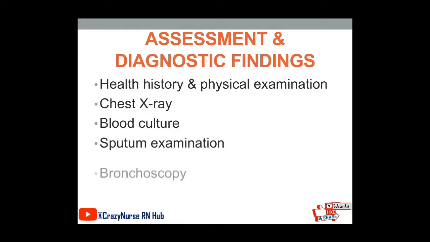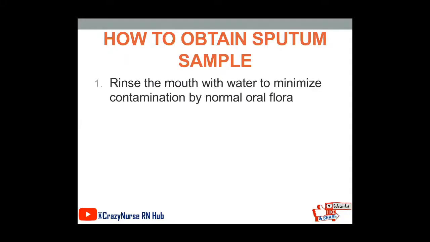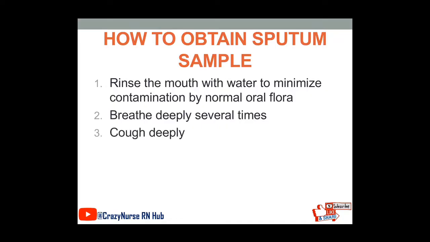Sputum examination, bronchoscopy. So now let's discuss the procedures on how to obtain sputum sample. First, we have to rinse the mouth with water to minimize contamination by normal oral flora. Breathe deeply several times. Cough deeply.